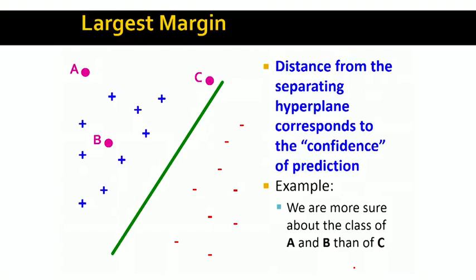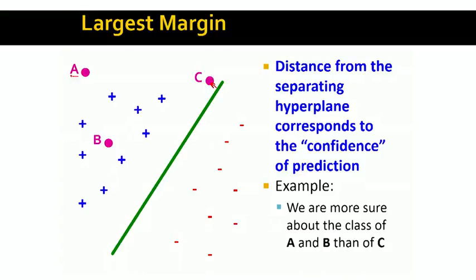In order to decide which of the three different lines or separating hyperplanes is best to use, let's look at this simple example. We have non-spam and spam, and we have our separating line between spam and non-spam. Now, the intuition we would like to build here is that the distance from the separating line tells us how sure or how confident we are in a prediction.